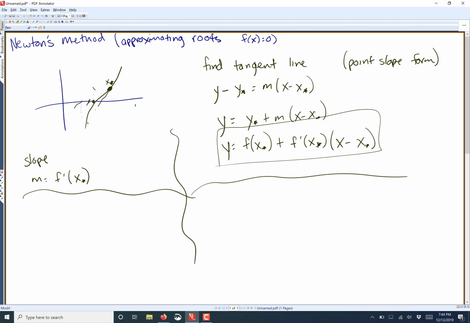And what I do is I find the tangent line, and remember my next guess is where the tangent line crosses the x-axis. So we need to see where does the tangent line cross the x-axis, because that is my next guess.